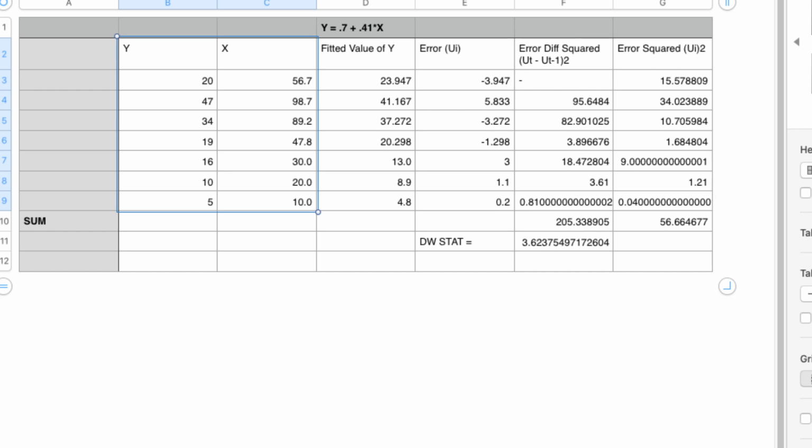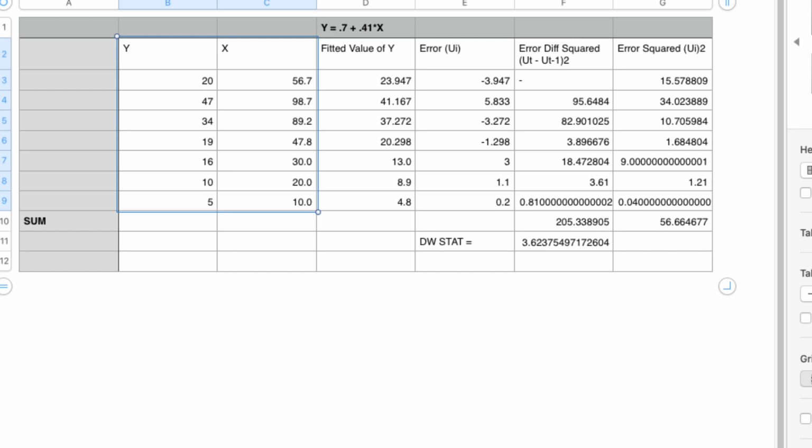For the next pair, I get 3.27 minus 1.29, which have opposite signs, so the difference is going to be less than 2, and when I square it, it is going to be 3.89. This way we get the squares of the differences of the error terms, and all the values here.